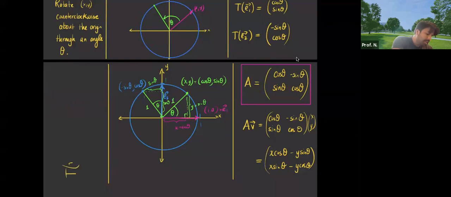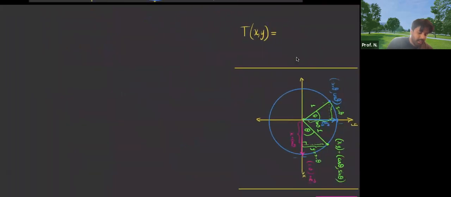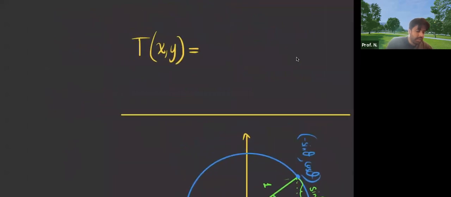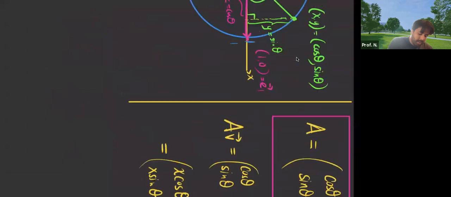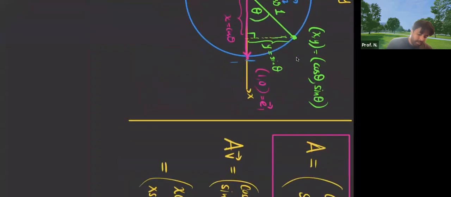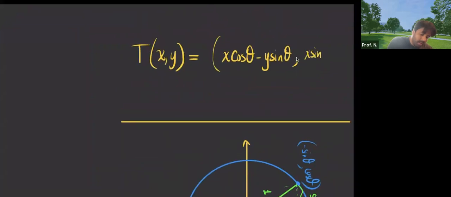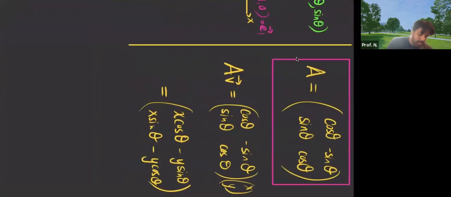So if I apply T to x, y, I guess for now I'll just rotate this as well. So there's a whole bunch of rotation going on. See that? I can do that. So then T of x, y is x cosine theta minus y sine theta, comma, x sine theta plus y cosine theta.